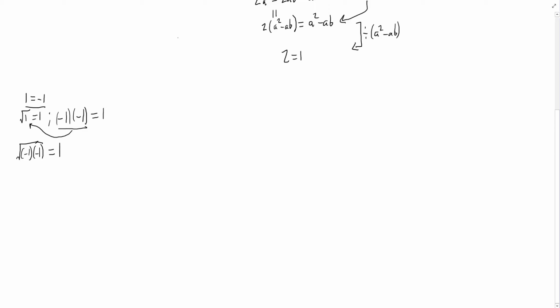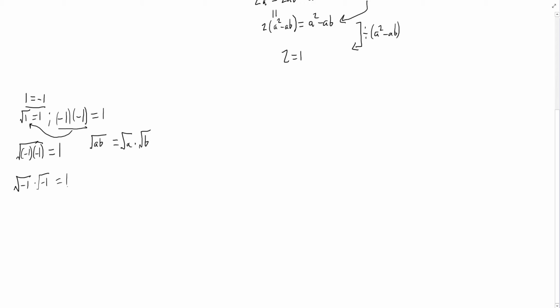Now, if you think back to your algebra class, we have the square root of a times b. That's the same as the square root of a times the square root of b. So, I'm just going to apply that rule here. So, the square root of -1 times -1 becomes the square root of -1 times the square root of -1.